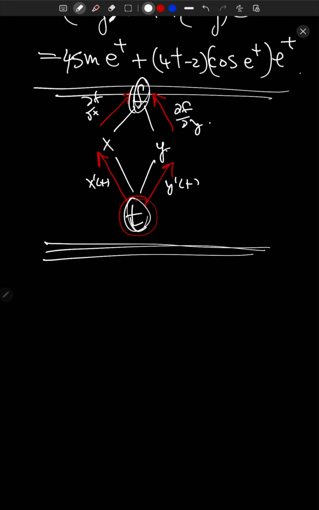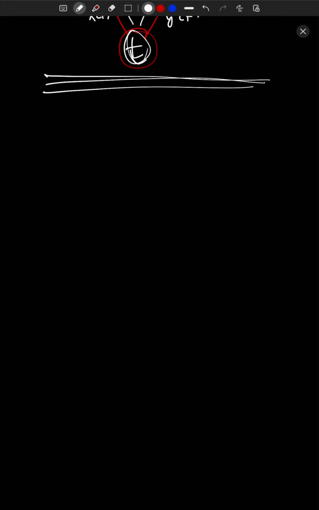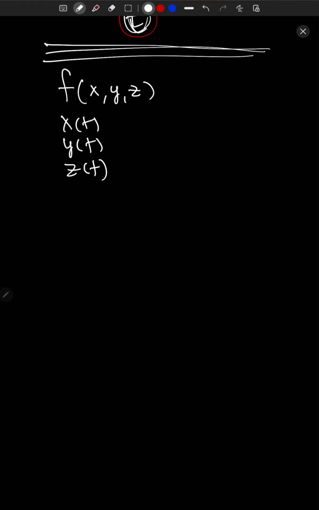Now, let's get more complicated. So our next setting is where we have f. Oh, by the way, literally the same thing, same computations. If I have f of x, y, z, and each of x, y, z depends on t, then literally the same thing. So df dt of f of x of t, y of t, z of t, all right?